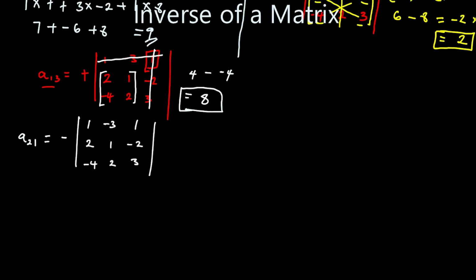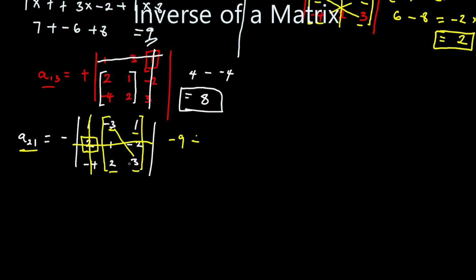Now, we close the row and the column that contains the element in A21. A21 is this one here. So when we close this row and this column, we remain with this matrix here that is going to have minus 3, 1, 2, and 3. And we multiply 3 times minus 3, which is minus 9.